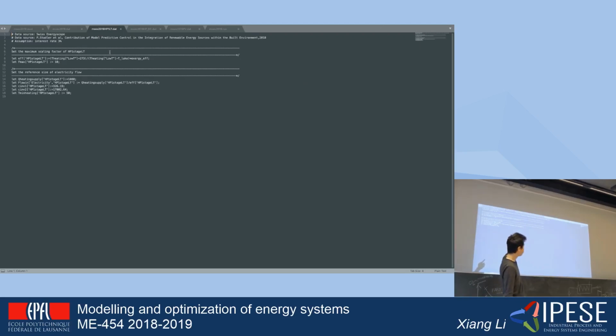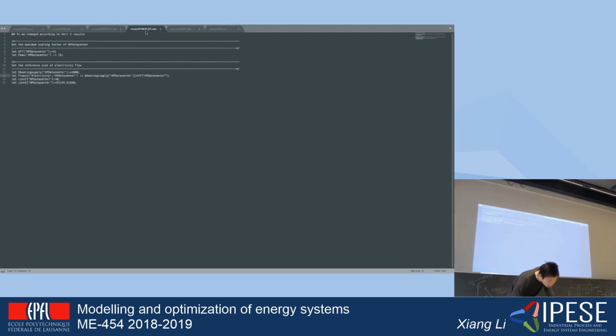For example, exergy efficiency. This morning, I saw all the groups have done the theoretical COP and real COP, so you can calculate the exergy efficiency easily. And if you want to directly put a value here instead of inputting this kind of formula, you can directly put a value here in the file. So it's your choice. You can do whatever you want in this part.